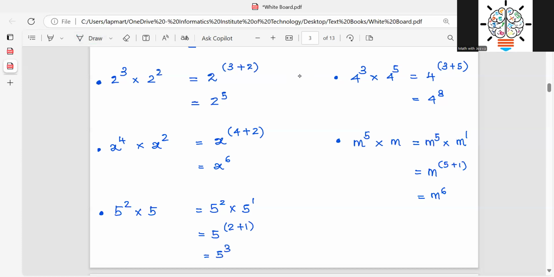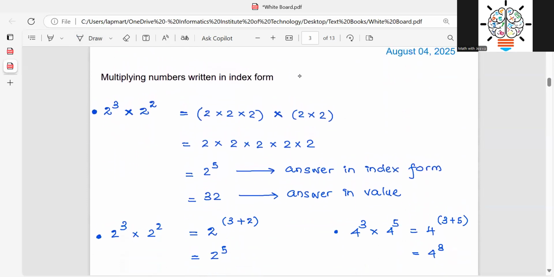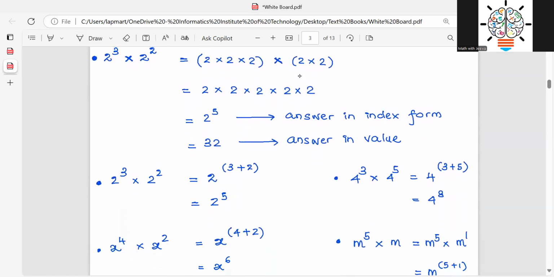Okay, so this is the theory content that we learned today, multiplying numbers written in index form. Now, I gave you the expanded version, how it works, and how we are writing the answers in index form. Then I gave you the answer in value, right?